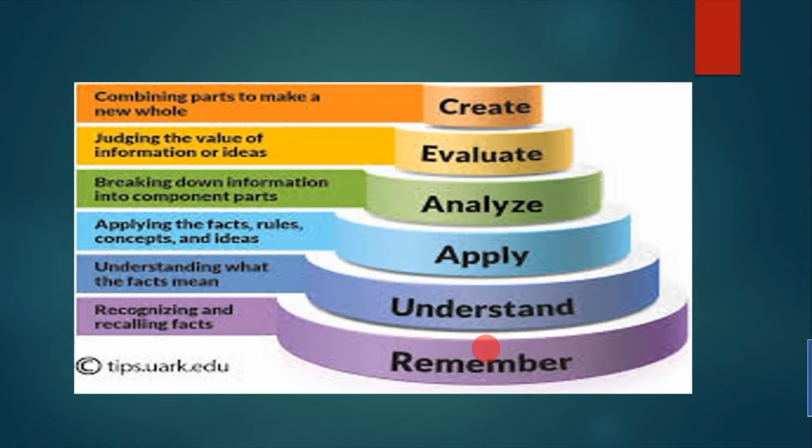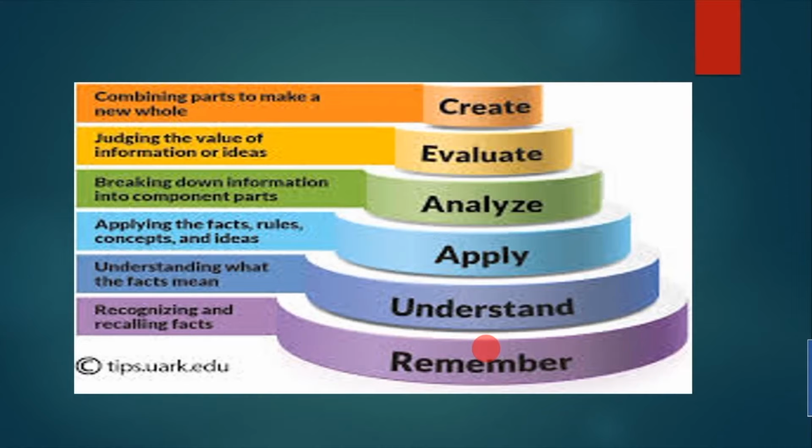Finally, let's recall what we have learned in this particular session. We discussed the six classifications given by Benjamin Bloom in 1956, from remembering to creating. Recognizing and recalling facts come under remembering. Understanding what the facts mean comes under understanding.